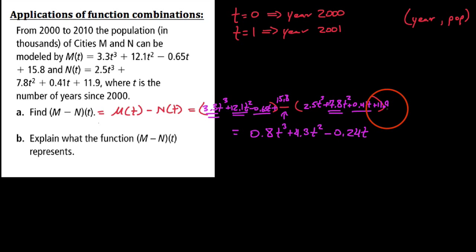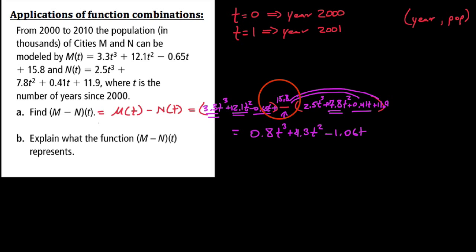And we're almost there. We have 11.9 plus 15.8. As a matter of fact, I lied, and I need to fix this as well. I forgot to distribute the negative throughout all of this. I was being lazy. The negative makes this a negative 0.41, and this is a negative 0.65. So this actually becomes a negative 1.06 T, and then the 11.9 would become negative after distributing the negative.